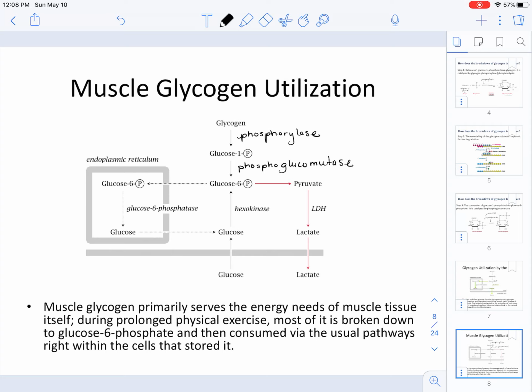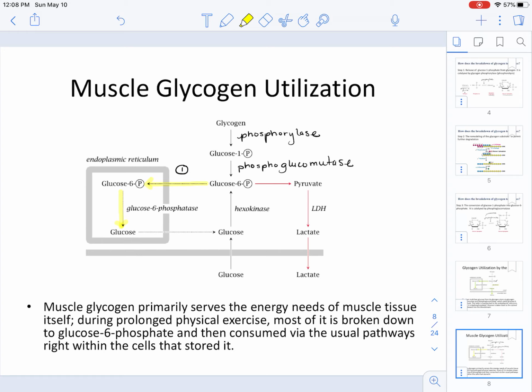Then our glucose 6 phosphate, as you can see, has two routes. On route number 1, it could be taken to the ER in muscle and be dephosphorylated through glucose 6 phosphatase to make just glucose.